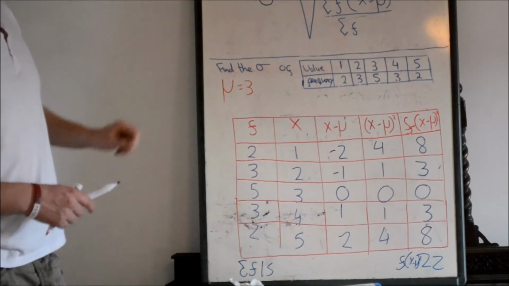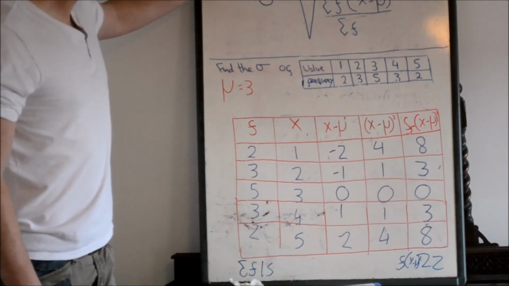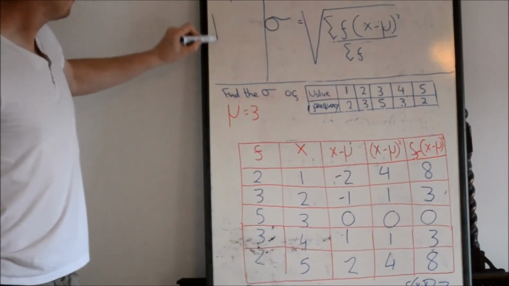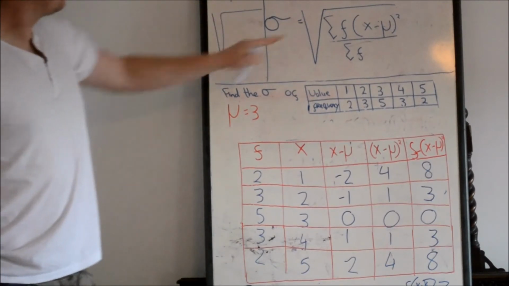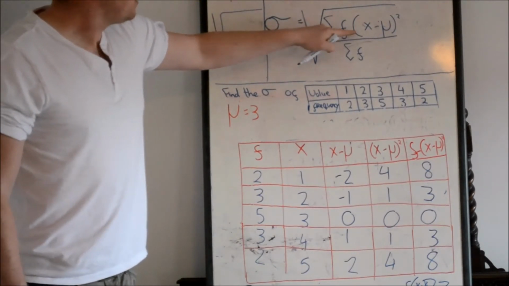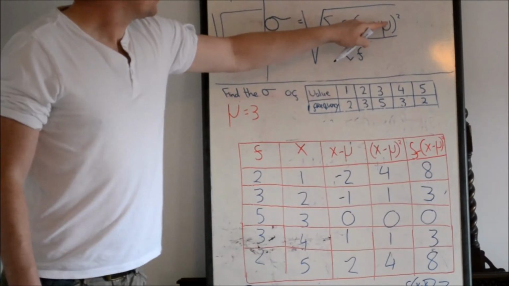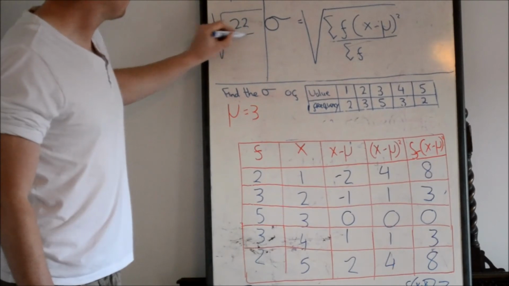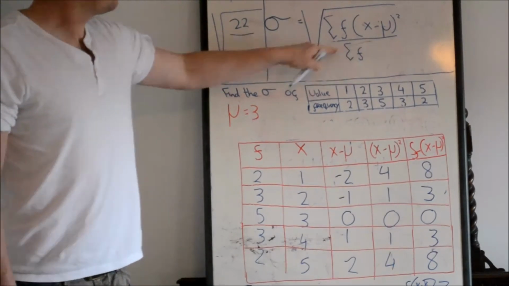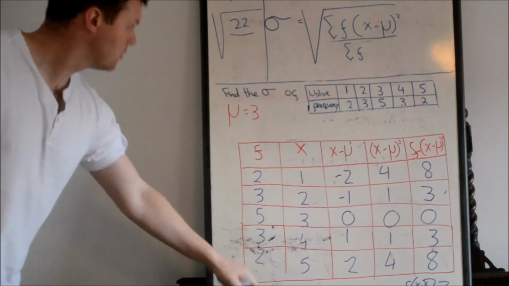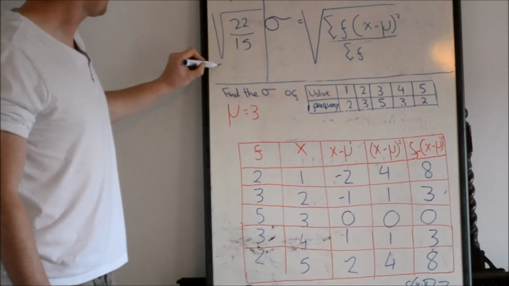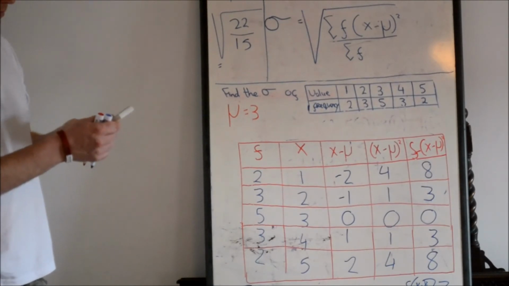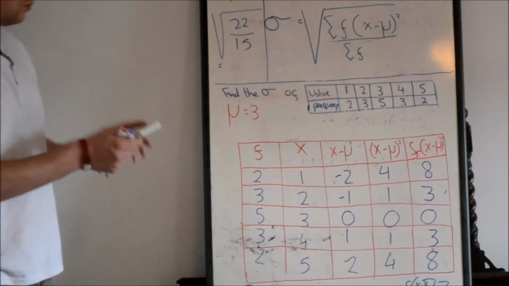Right, so again, running out of space, but if I can just use this bit here, because there's not much left to this. The square root of the sum of f times x minus the mean squared, we have that. It's 22. The sum of the frequencies, we have that, 15. 22 divided by 15 is 1.46.